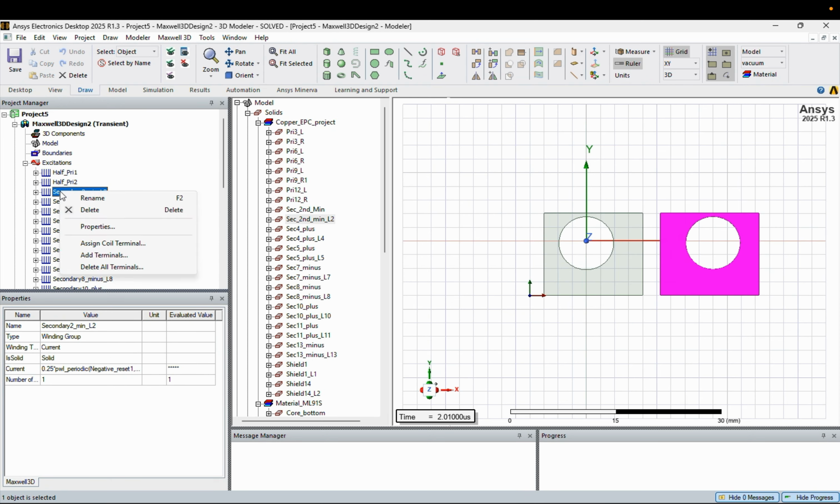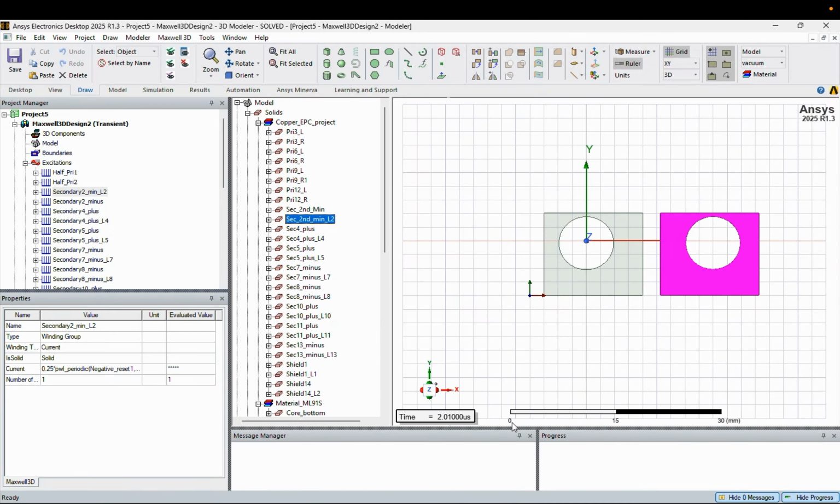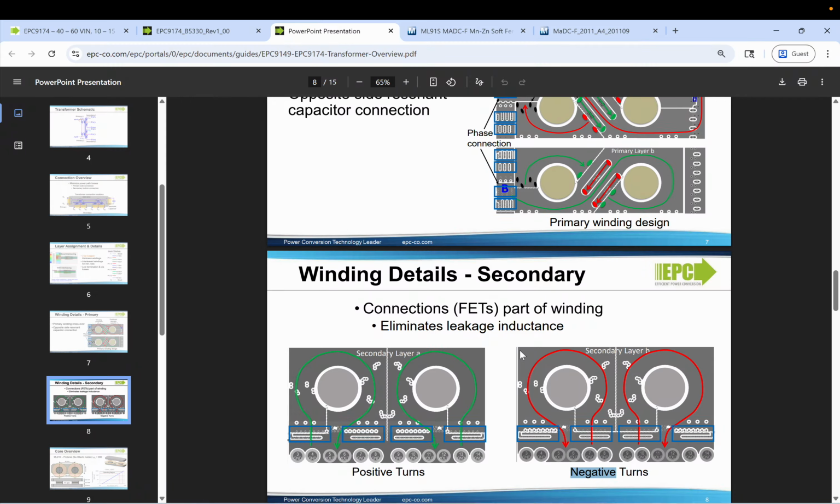And what I did for the coil terminal, I split 0.25, so all the current that is flowing through the minus, there are 4 turns in parallel over here.